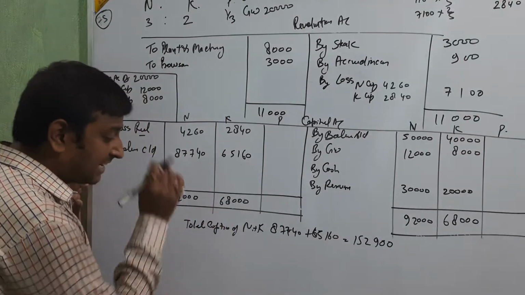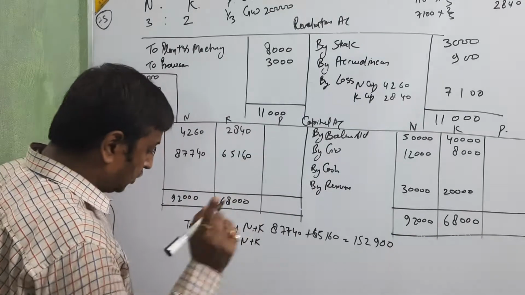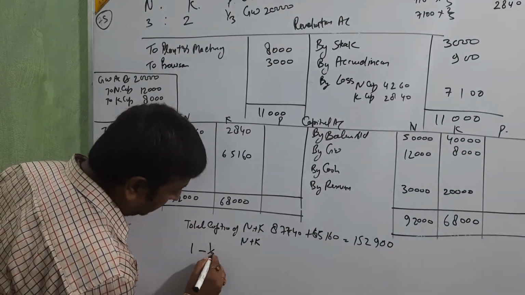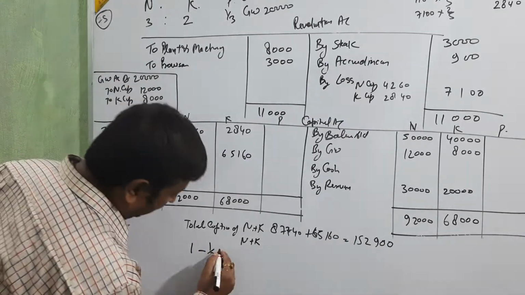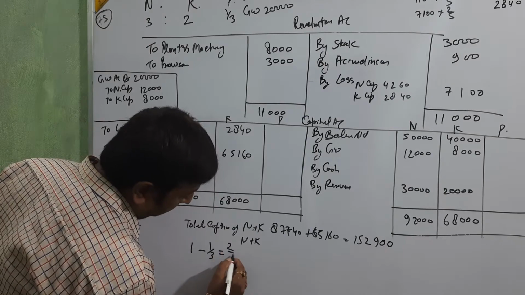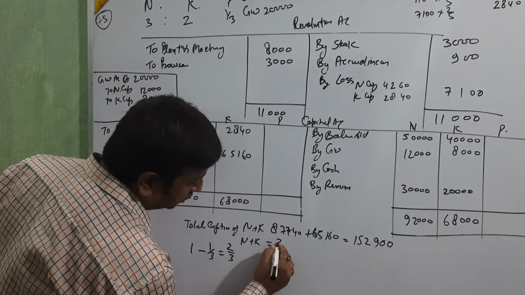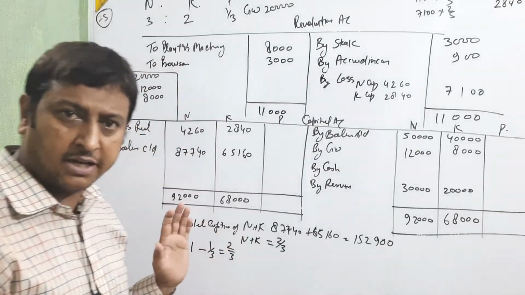Now we are taking the ratio of N plus K. The total ratio is 1 and the new partner's ratio is 1/3. Just subtract the new partner's ratio. It means 2/3 remains. It means the N plus K ratio is 2/3. Clear, beta?